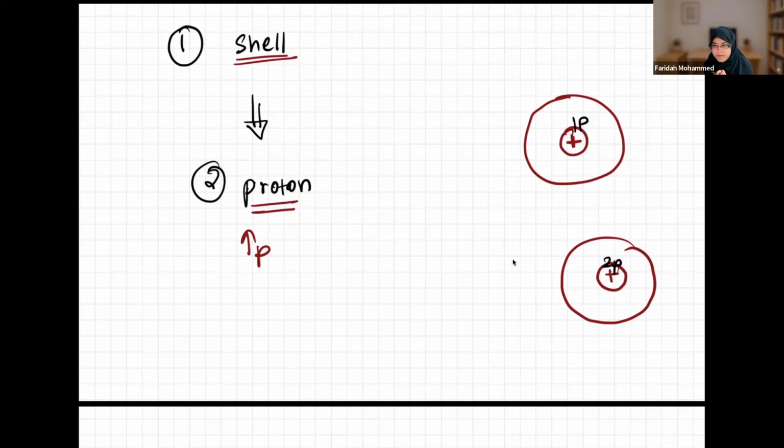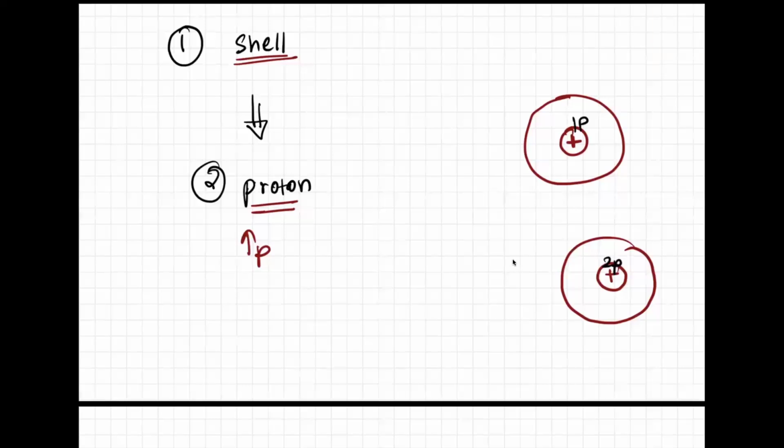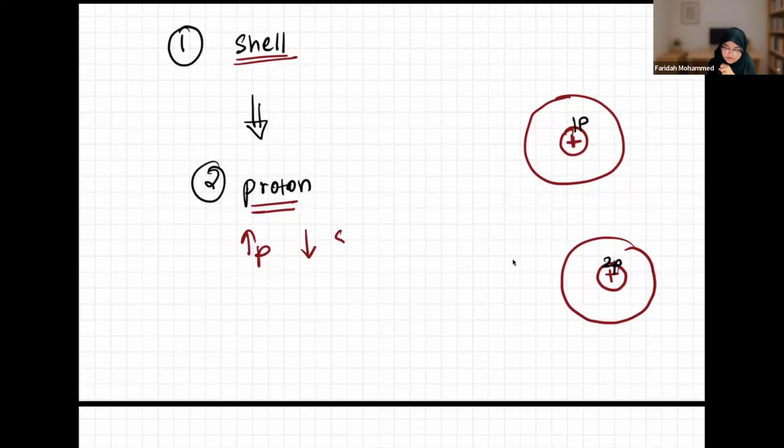Your nucleus is going to be stronger, and you're going to pull the shell inside. So the size becomes smaller. Size reduces. A higher number of shells, the size or radius increases.